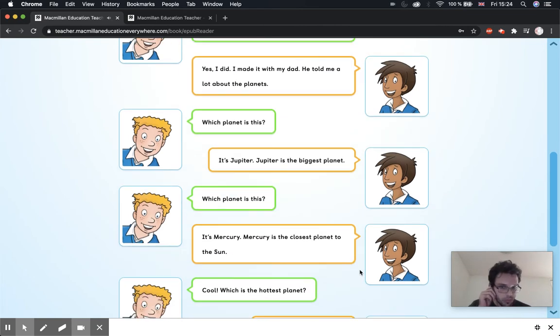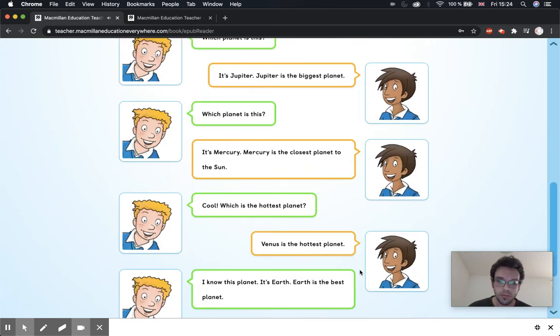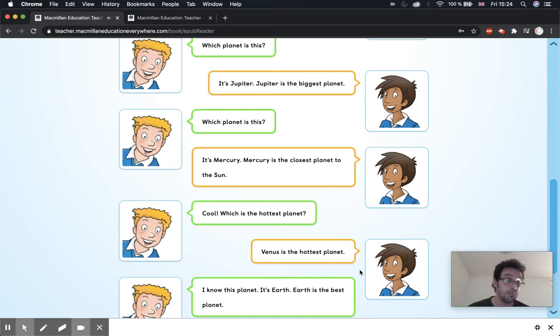It's Mercury. Mercury is the closest planet to the sun. Cool! Which is the hottest planet? Venus is the hottest planet. I know this planet. It's Earth. Earth is the best planet. Yes, because it's where we live.